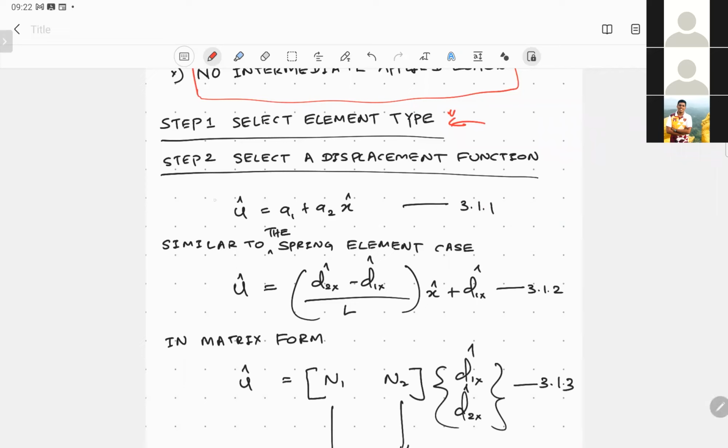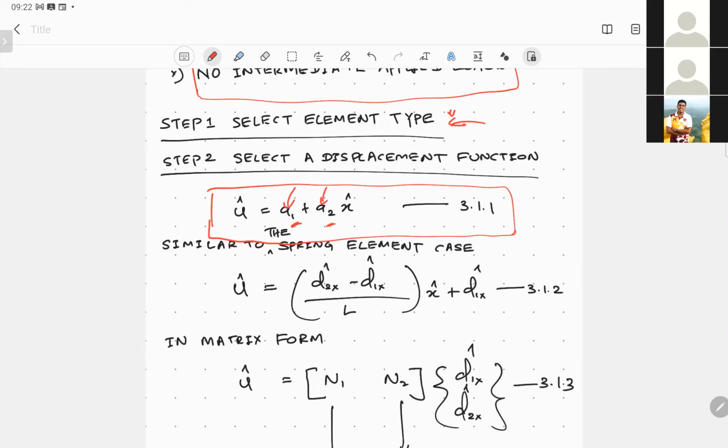And here, just like in the case of the spring, we have used a linear equation or linear relationship to describe the displacement function, where u hat is equal to a1 plus a2 x hat. So we need to find two coefficients.